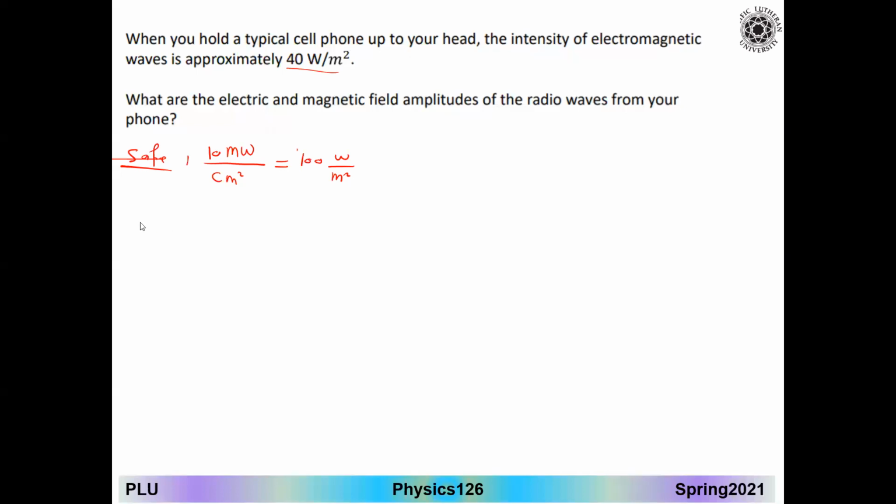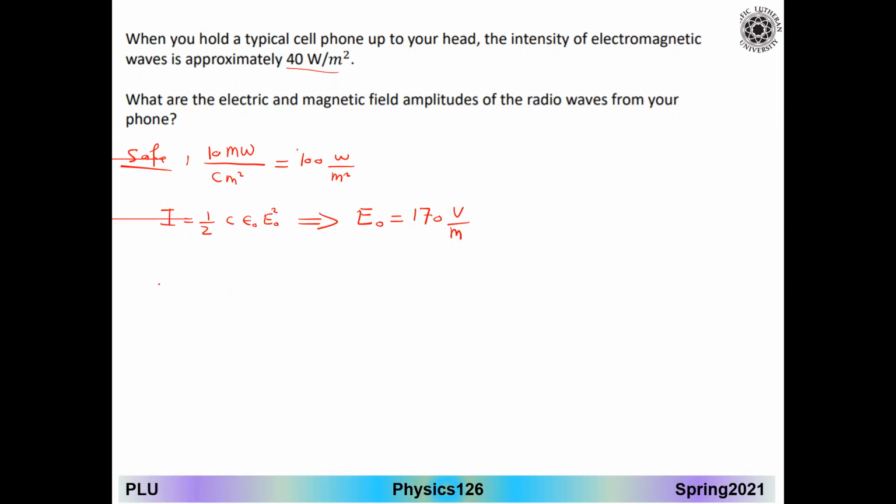It's the same formula that we use: the intensity equals a half C epsilon 0 E squared. We have all the information that we need, so we're gonna calculate as in the previous two examples. I hope you can calculate it. You end up with E equal 170 volt per meter.